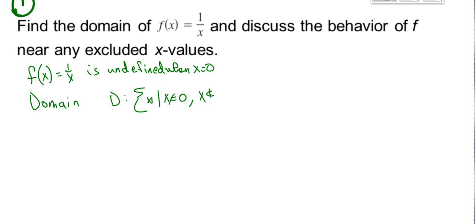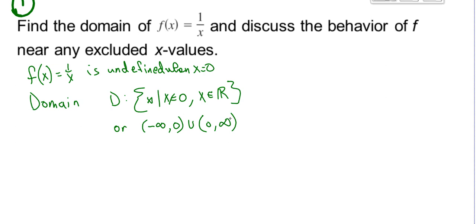Or in interval notation we'll go from negative infinity to 0, 0 to infinity, excluding 0. So, parentheses for everything: negative infinity to 0, union with 0 to positive infinity. And so that's our domain.